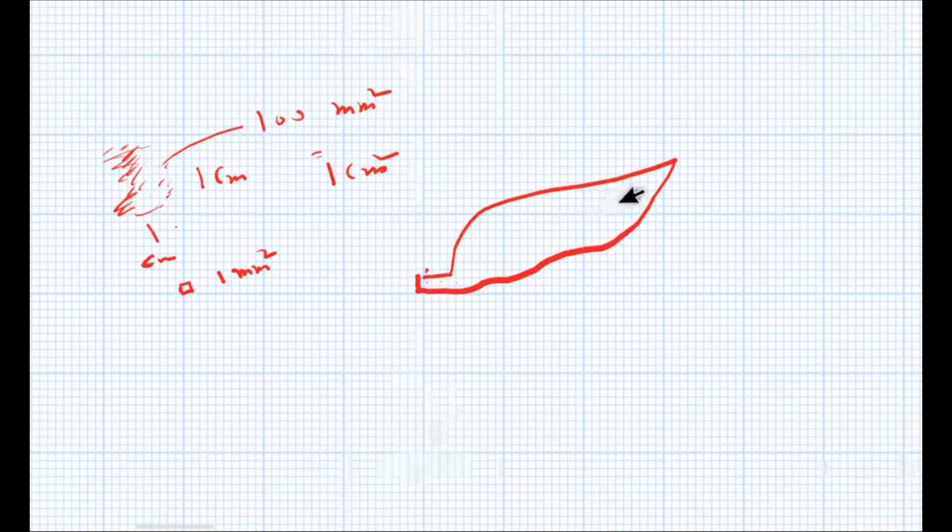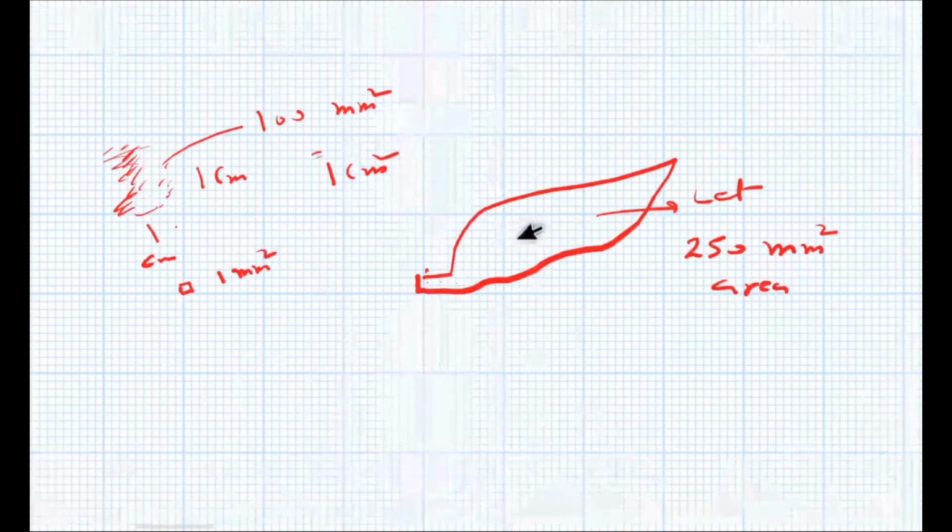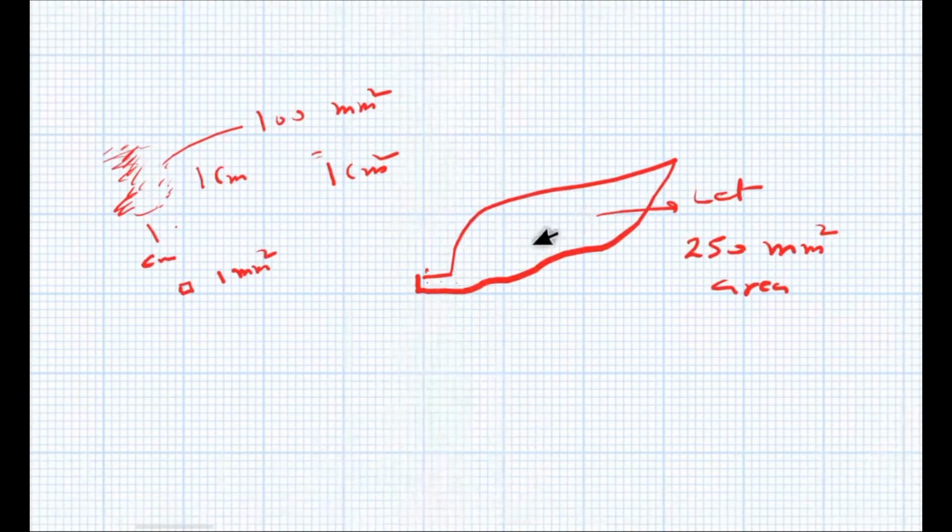This way you have to count all these blocks. If the number of blocks is 250, then it is 250 millimeter square. This is the area of an irregular shape, but one that has a boundary.